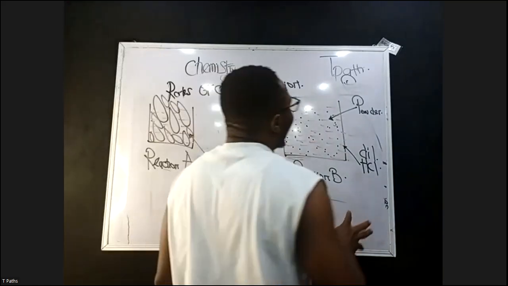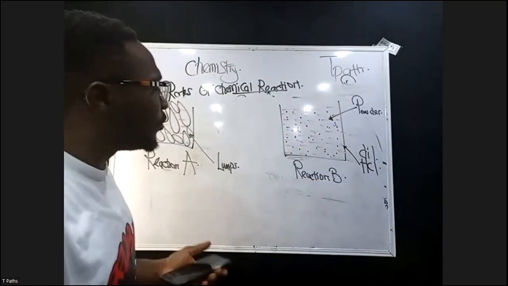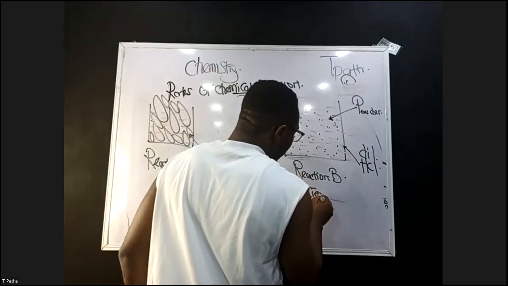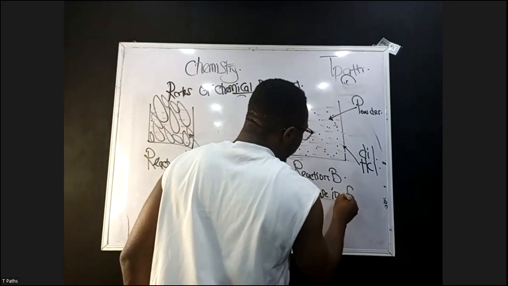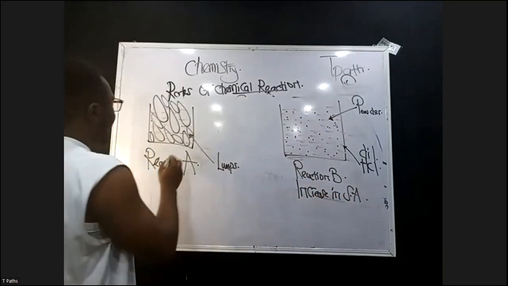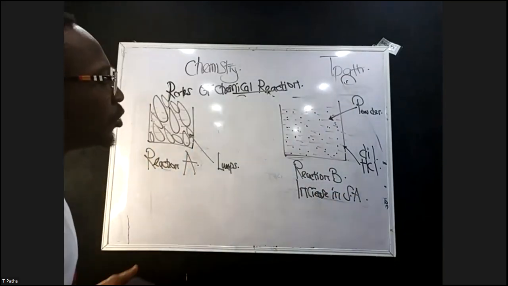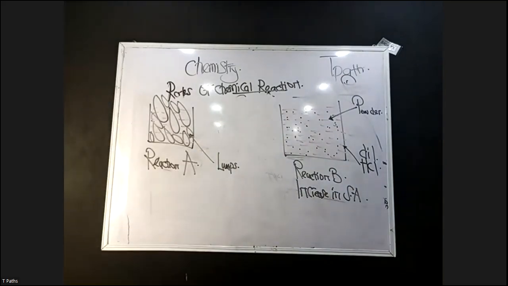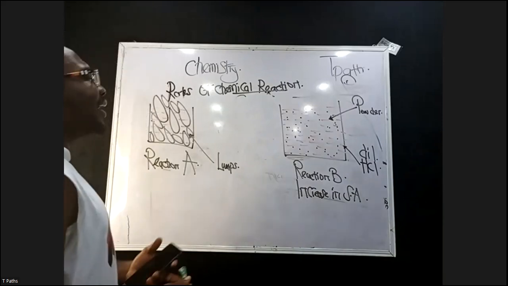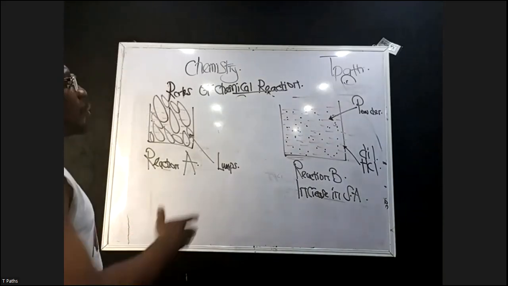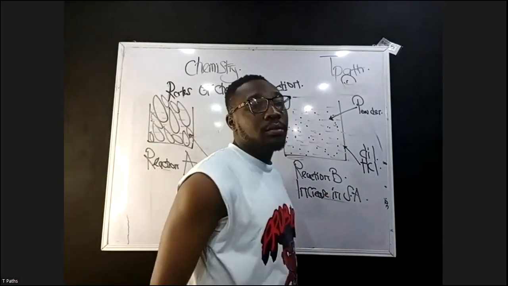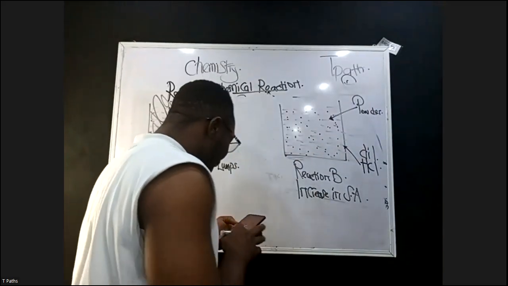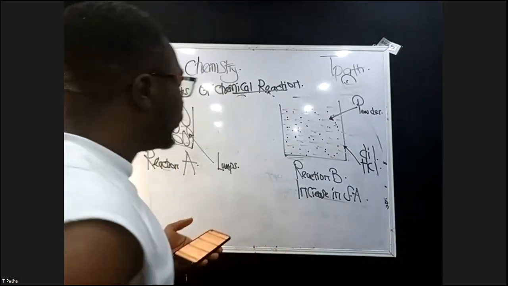Because of the increase in surface area from the powder form. Here you don't have an increase in surface area; you have lumps. Before the lumps start reacting, it will take time. But powder reacts faster because of its increased surface area.